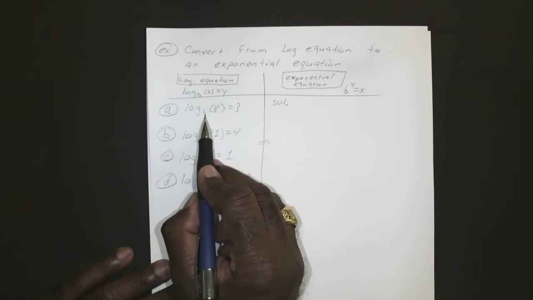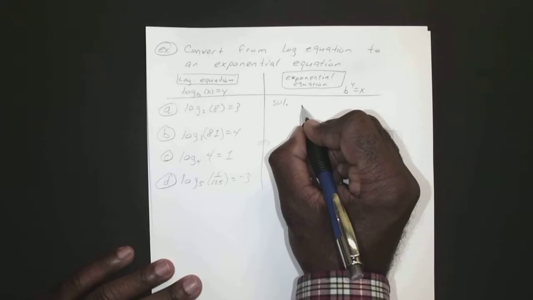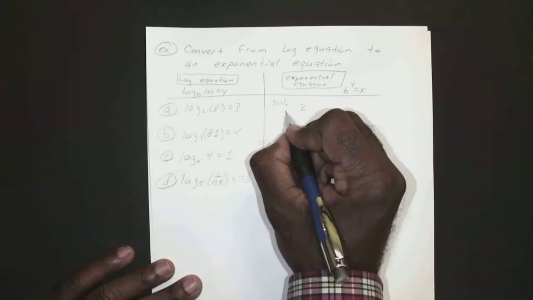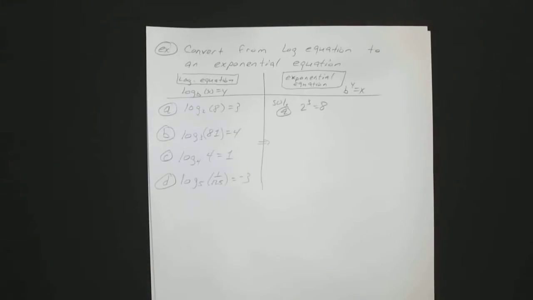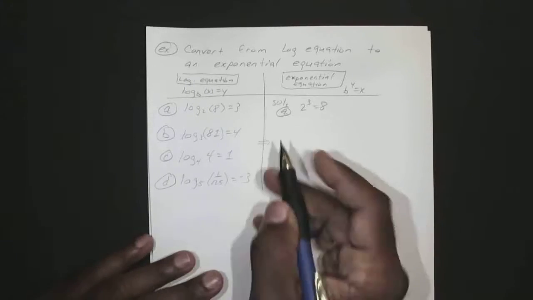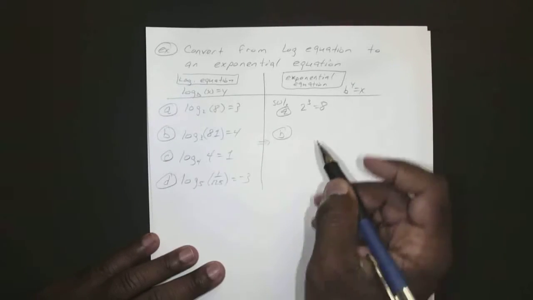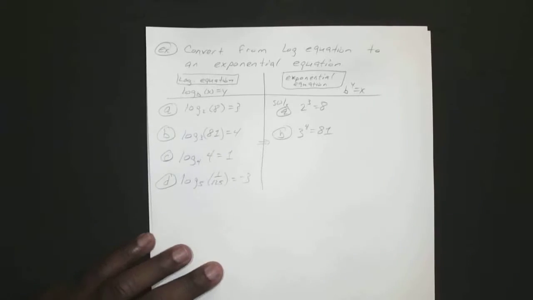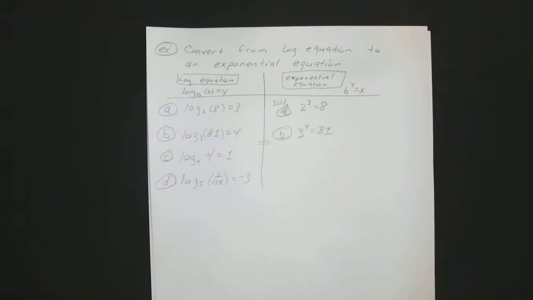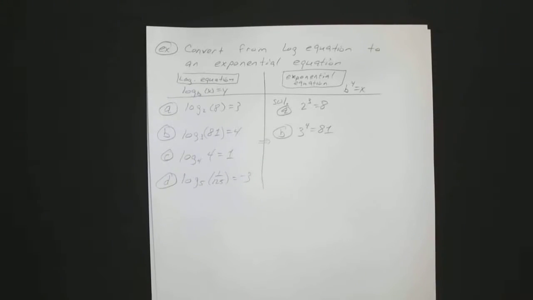We have b, which is your base, to the power of y equals x. So this would be 2 to the power of 3 equals 8. For B, your base to the power of y equals x, so 3 to the power of 4 equals 81. And for C, I wrote it without parentheses because sometimes you'll see parentheses, sometimes you won't.